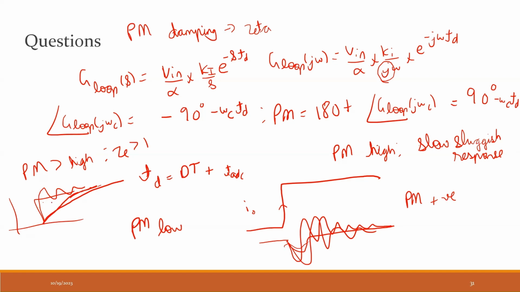That is known, but the case is that oscillation should not be too high. So usually we choose zeta such that it is underdamped, no doubt, but the oscillations are not that high.